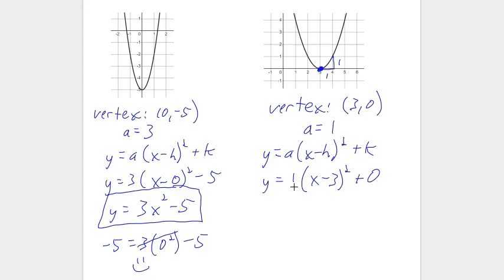Now when we have an a value of 1, well, 1 times anything equals whatever that thing is. So let's go ahead and kind of ignore that 1 and work out x minus 3 squared, or x minus 3 times x minus 3.